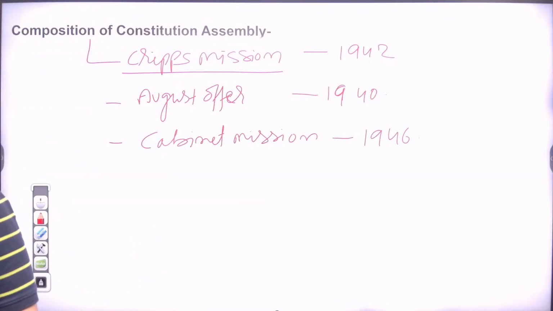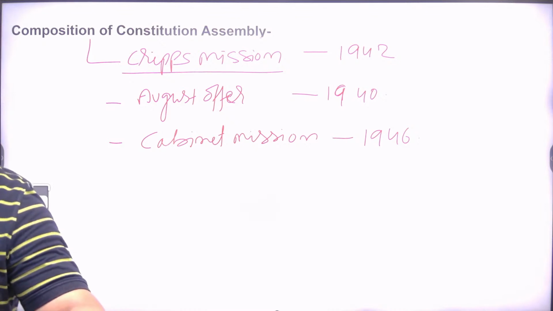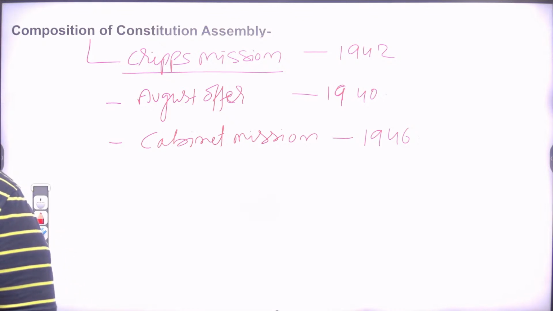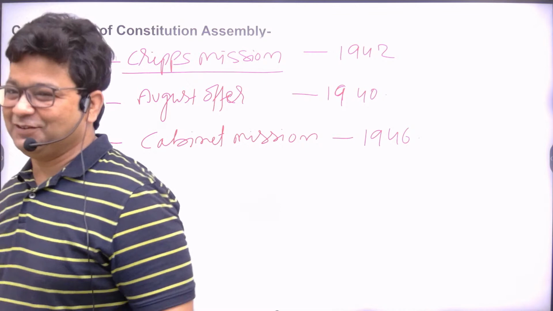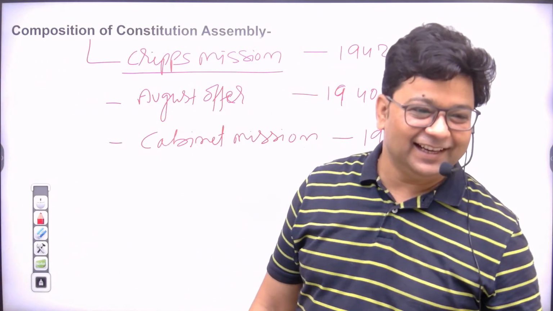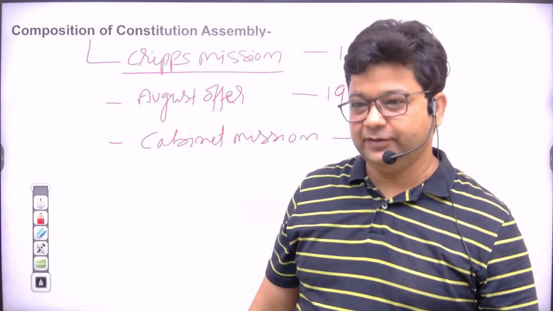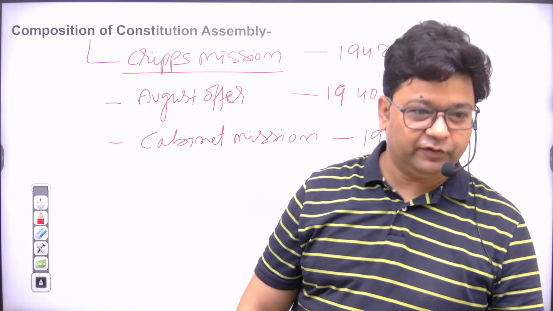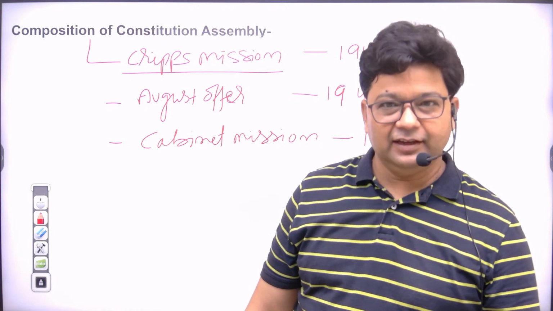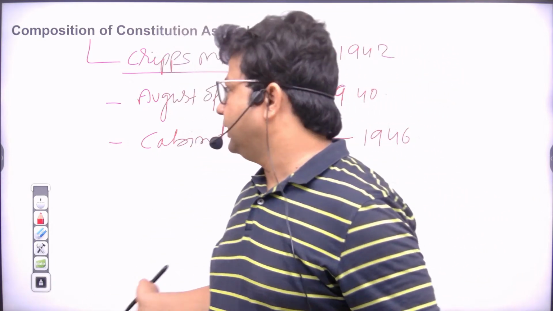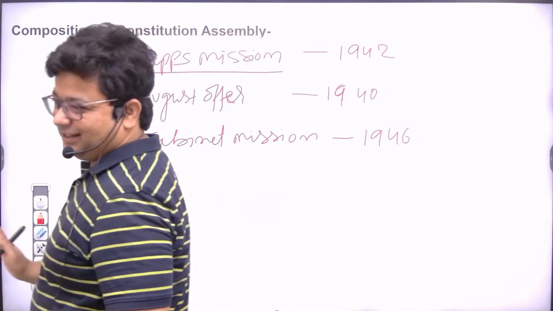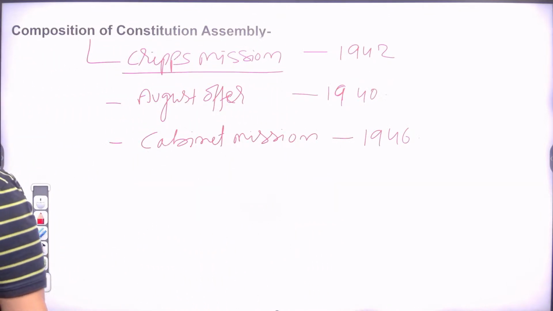Question समझ में आया? अगस्त ऑफर. So do we have only 3 options here? And what is the period of the Cabinet Mission? What is the period of the August Offer? August Offer 1940, yes. So the question still remains, on what plan of British India was this Constituent Assembly established?